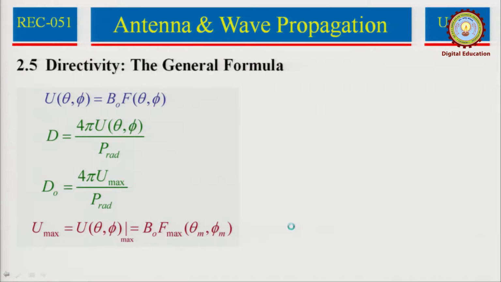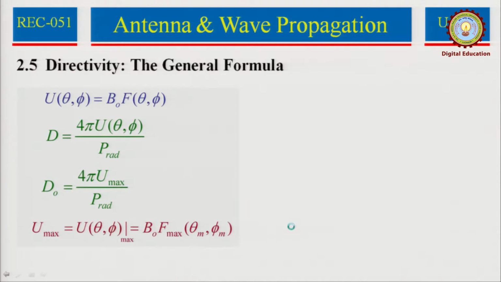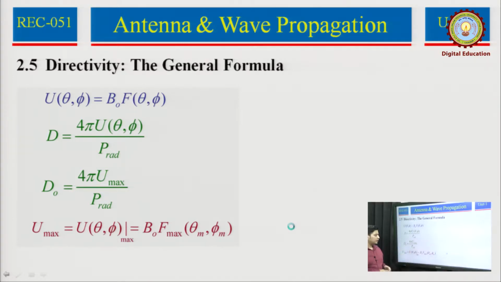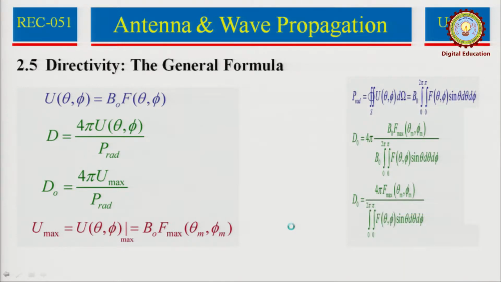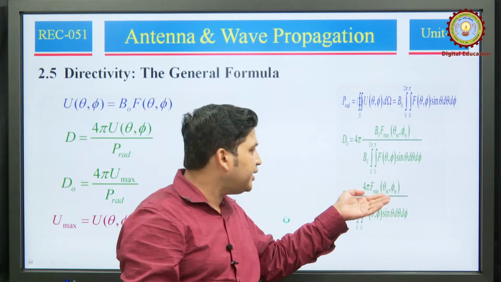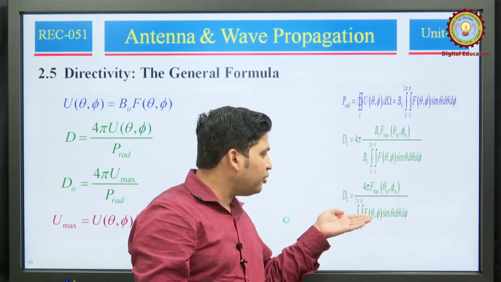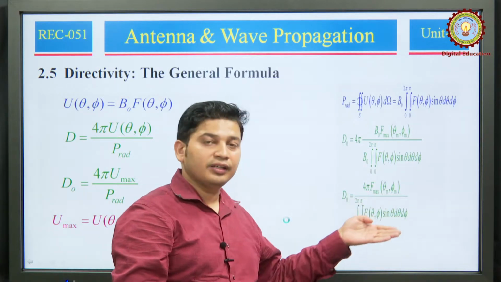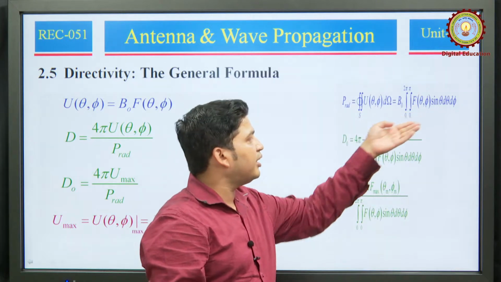Now, there are more generalized formulas. The first formula we understood is 4 pi U max upon P radiation. There is one more formula: 4 pi times the maximum pattern F(theta m, phi m) divided by the integral of F(theta, phi) sin theta d theta d phi, the average or generalized value. Okay.